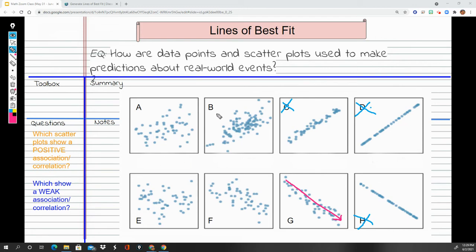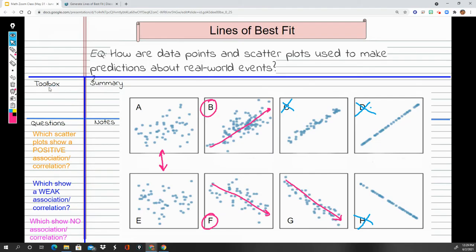I think we could argue that this is weak because it's not as easy to draw a line of best fit and feel confident that you're catching as many of the points as you can. And F is also kind of hard. I'd argue that these two are definitely weak. If you said A and E, I think you could make an argument for those, but there's also something called no association or no correlation.